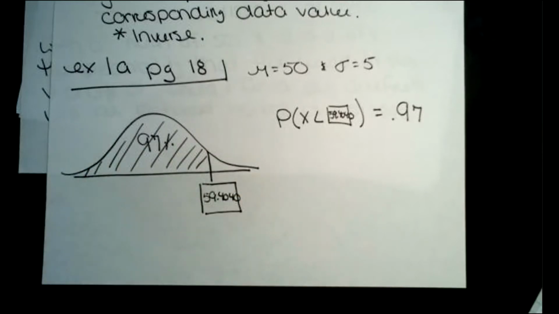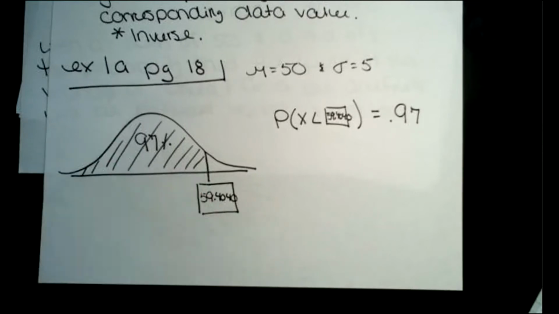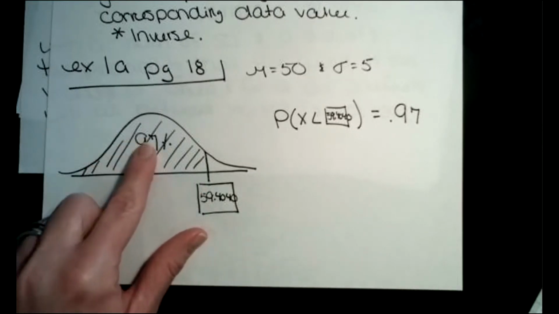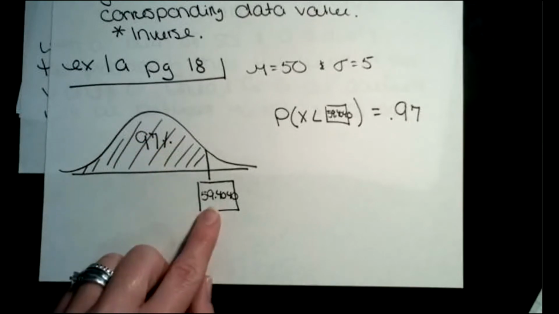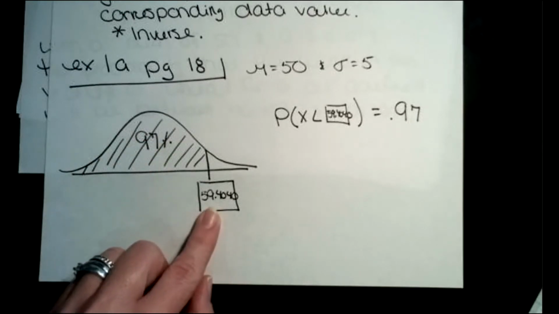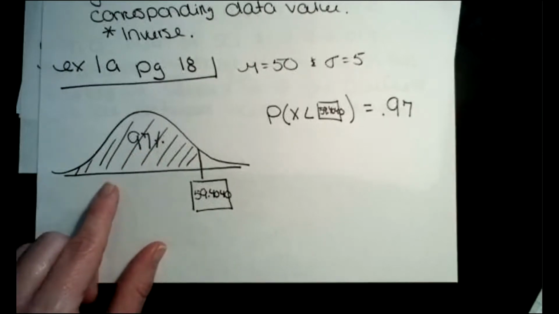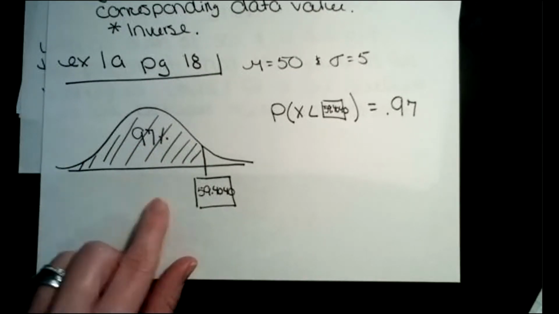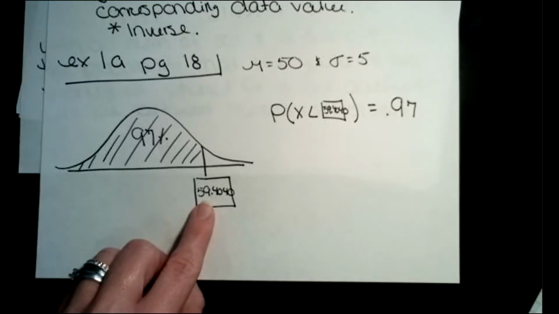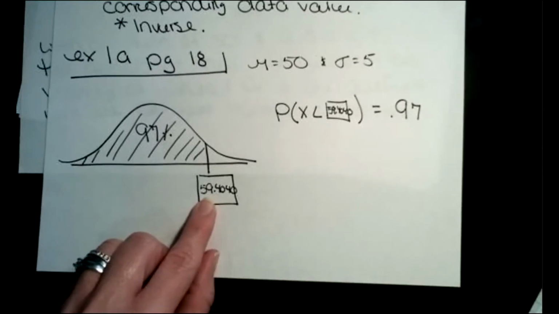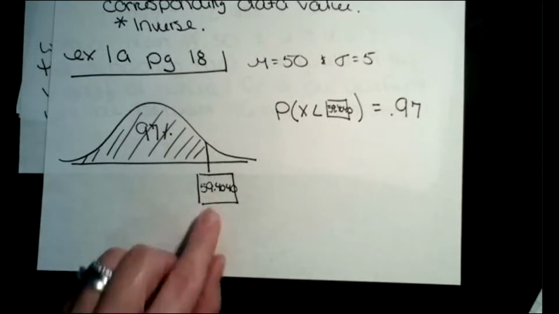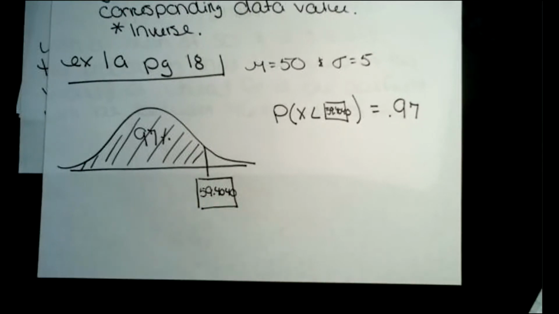So then that would be the third percentile. But here it said below, so it's the 97th percentile. So I would say the 97th percentile is 59.4. 97% of all such 1 acre fields will yield less than 59.4040 bushels.